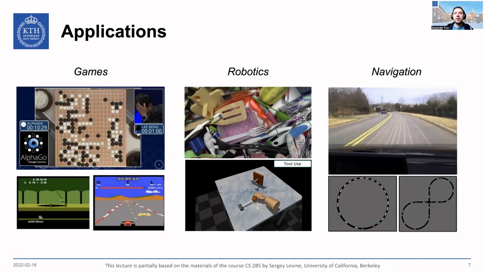And finally, another big topic that you all heard of is self-driving cars, and in general any autonomous navigation, where basically the inputs are sensor data, for example RGBD cameras, and the output should be the action, for example how much you should steer and how much gas you should put, or maybe you should brake.